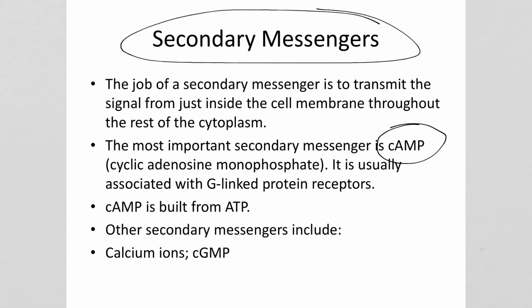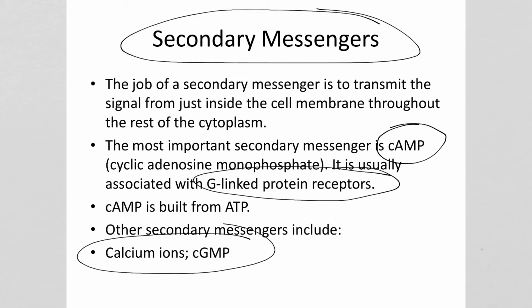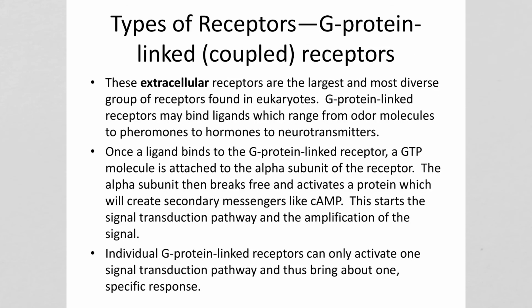It is usually associated with a type of receptor called the G-linked protein receptors. It's built from ATP, and we're going to talk more about cAMP in a second. Some other chemicals that can act as secondary messengers in the body include calcium ions, especially involved in the nervous system, and a chemical similar to cAMP called cGMP.